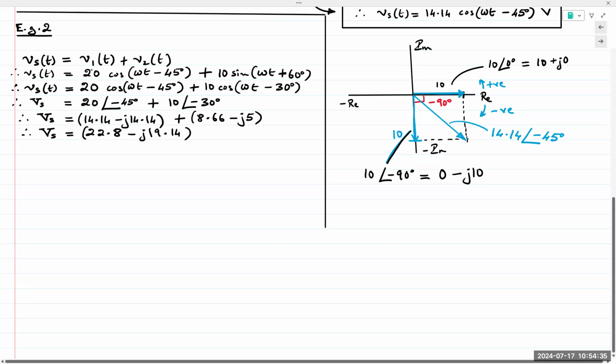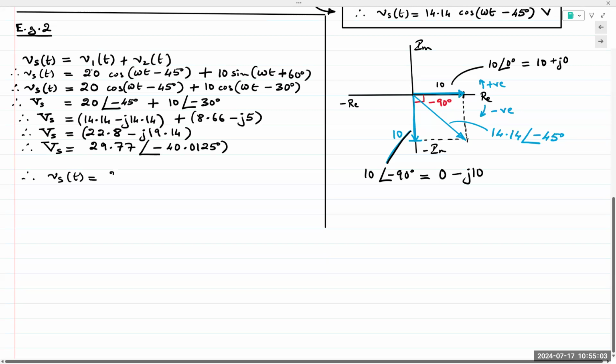To go back to the time domain, I need the expression in polar coordinates. So Vs transformed into polar coordinates gives me 29.77 with an angle of minus 40. Then perform the inverse phasor transform, and I can write the final answer.